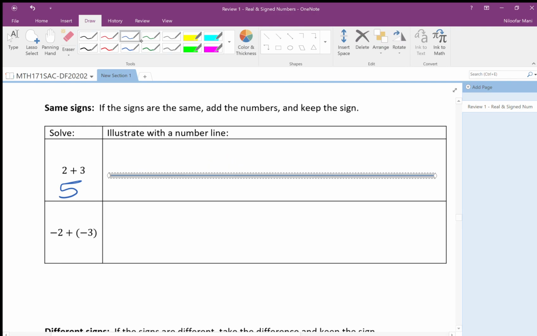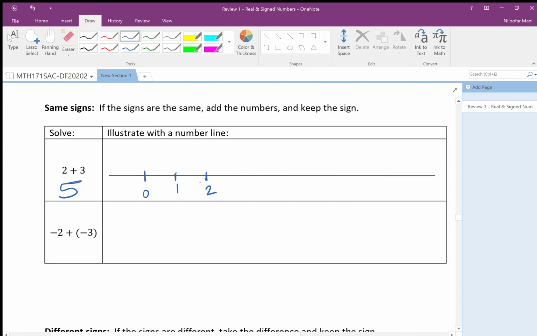Okay, so I find 2. So here is 0. Here is 1, and here is 2. I have to consider if I need to show the negative part here. No, I don't, because it's 2, and then I go plus 3. Means I have 2, and then I move 3 to right.